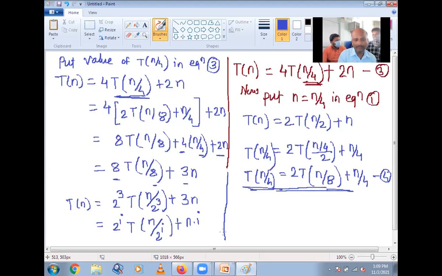And this value of i lies between, that is, 1 is less than or equal to i is less than or equal to log n base 2.